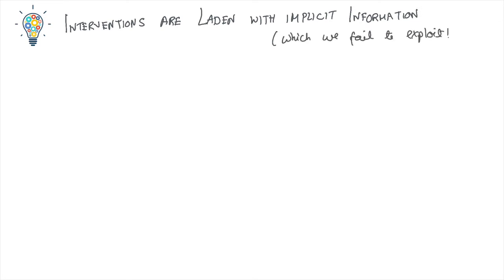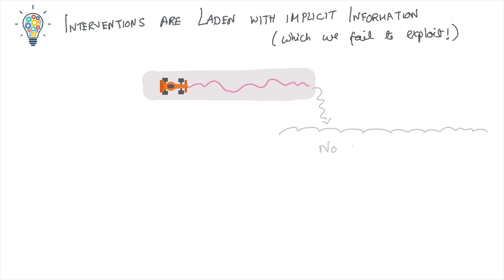We shouldn't just be using intervention explicitly, but instead realize that interventions are laden with implicit information about what the expert wants, which we fail to exploit. So if you look at our race car example, if you roll out the learner and the expert doesn't intervene, what can we say about this sequence of state actions?